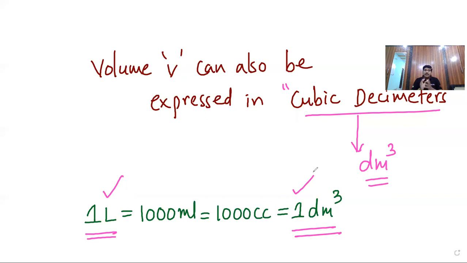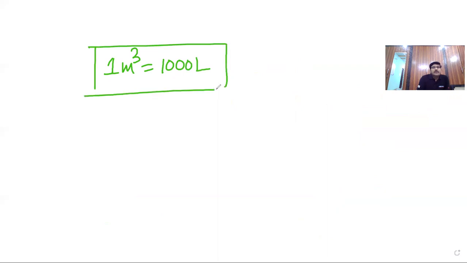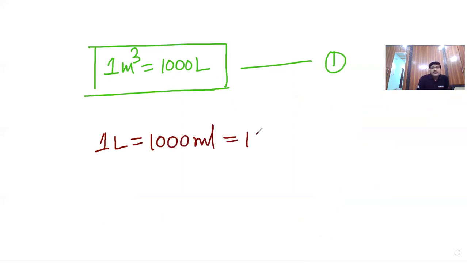There are 2 things I highlight here. I highlight once again, 1 cubic meter is 1000 liters. This is formula 1. Clear? The other is that 1 liter is 1000 ml and 1 ml is 1 cc, hence 1000 cubic centimeter is equal to 1 cubic decimeter.